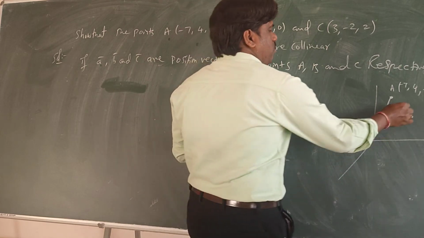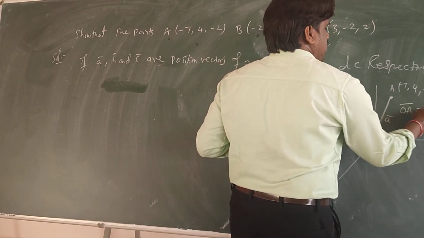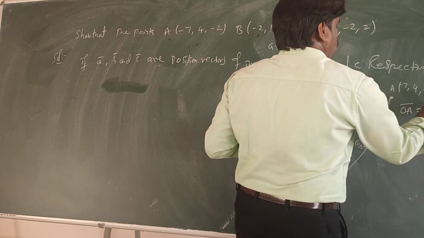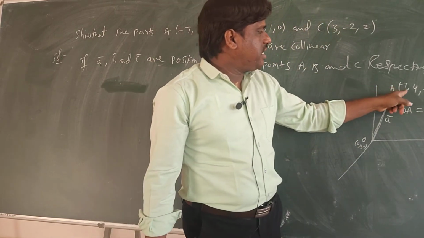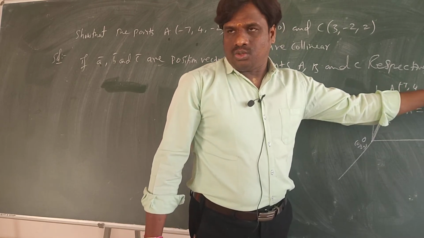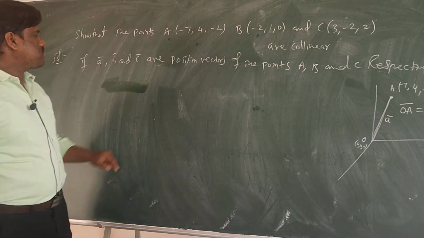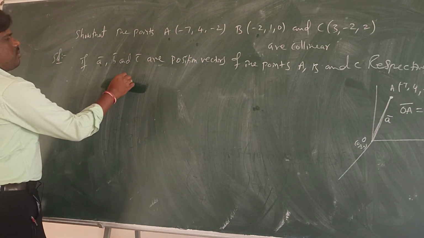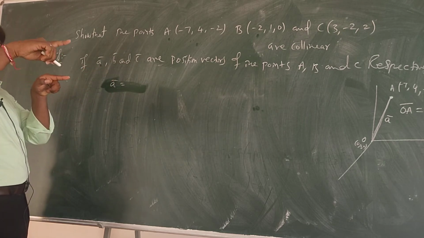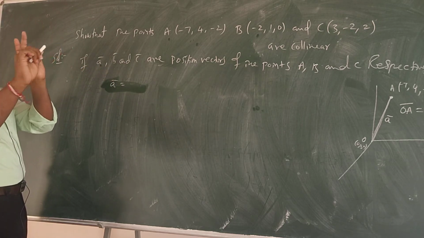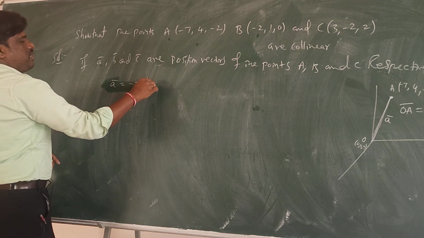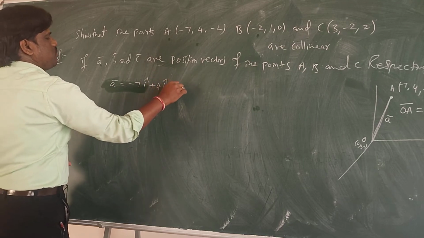OA vector we write as A vector minus O vector. So what is A vector? Minus 7, 4, minus 2 minus 0, 0, 0. So you will directly get this. So A vector is nothing but the position vector with respect to the origin, so minus 7i cap plus 4j cap minus 2k cap.